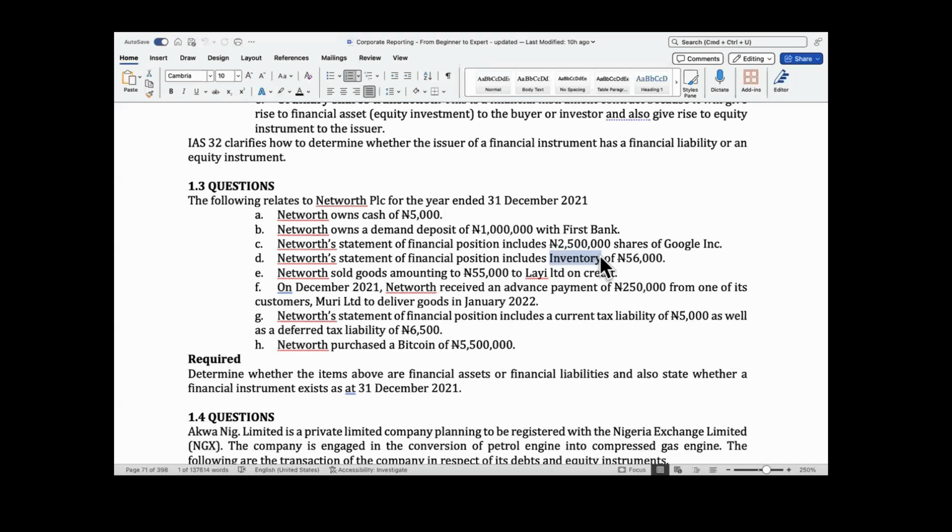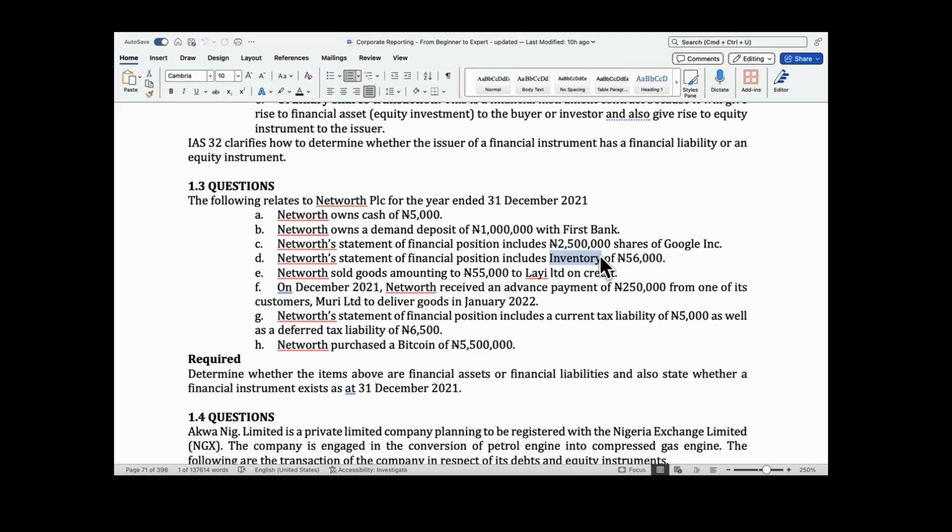So inventory gives an opportunity to generate cash. So inventory cannot be classified as a financial asset. It can only be classified as inventory according to IAS 2. It does not meet the definition of a financial asset according to IAS 32 that we have here.